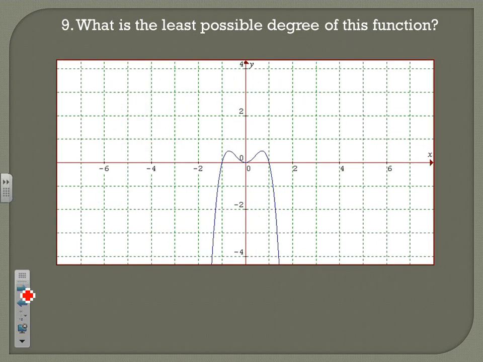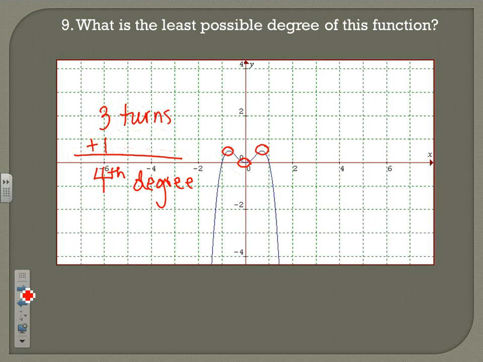All right, my next one. Looking at this one, what is the least possible degree of this function? Remember, I count my number of turns. 1, 2, 3. So I have 3 turns. And then I add 1. So that means my degree is 4.